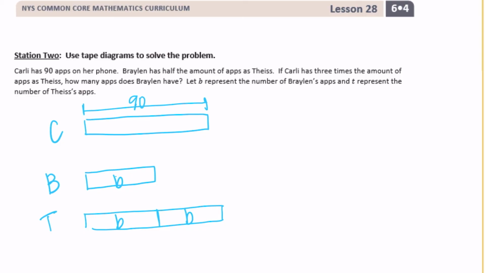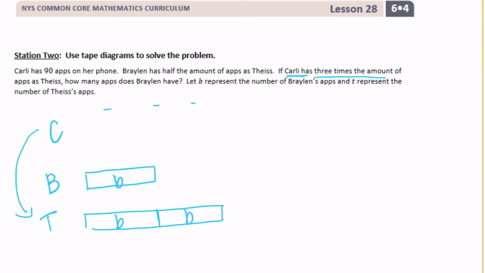Carly has 3 times the amount of apps as Thies. So I jumped the gun on this one a little bit because we're going to need to make it bigger. Okay. So Carly has 3 times the amount as Thies.